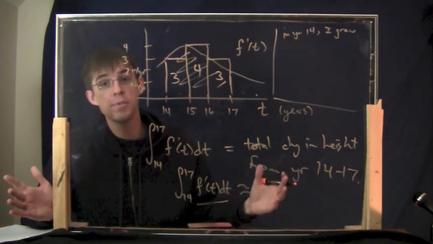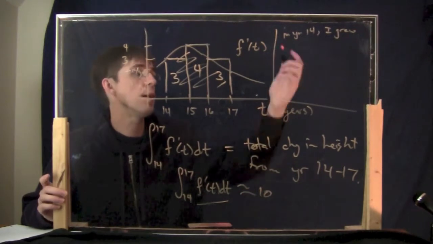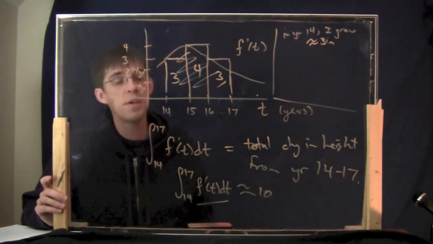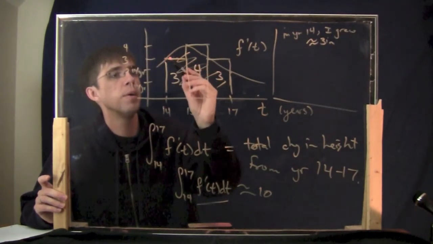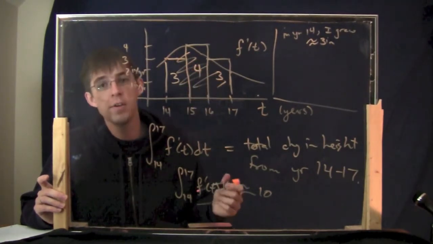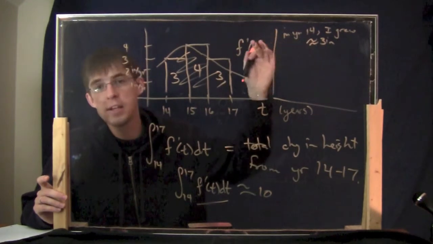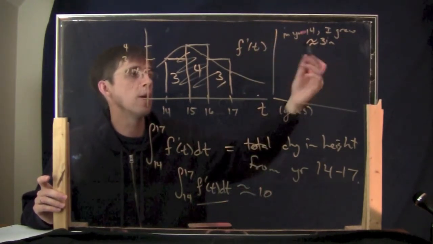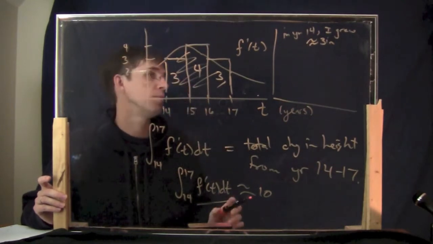So in year 14, I grew approximately 3 inches. Now, if you look at the graph, you can see my growth actually accelerated throughout that year. So the true value is slightly greater than 3, but as an approximation, 3 is pretty good.